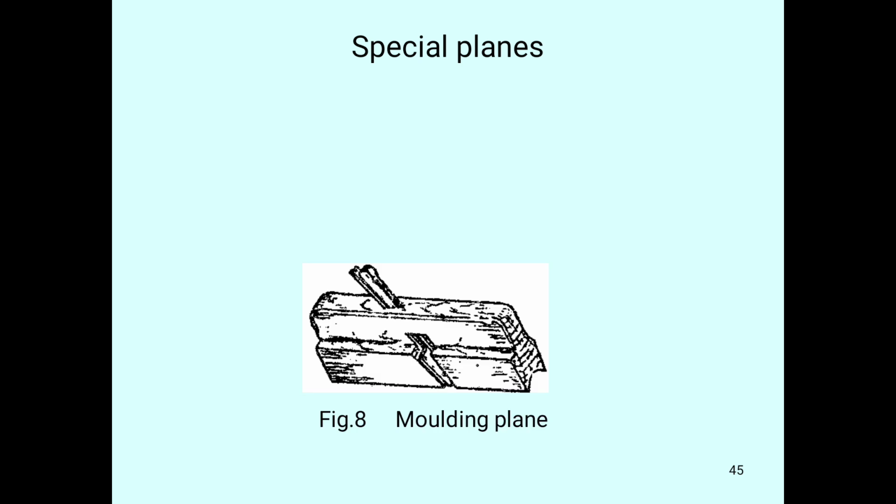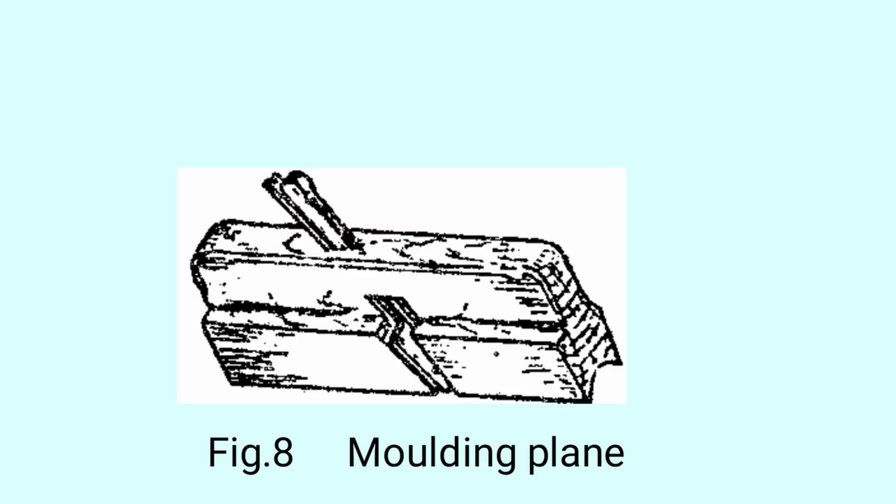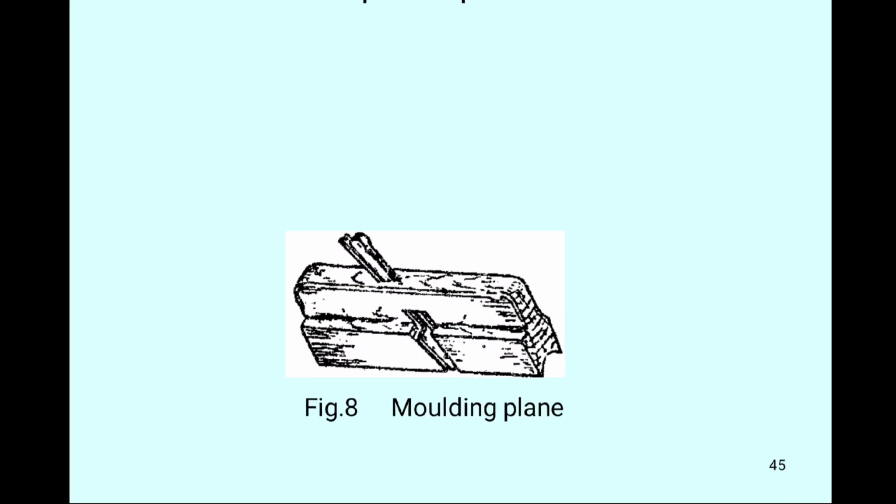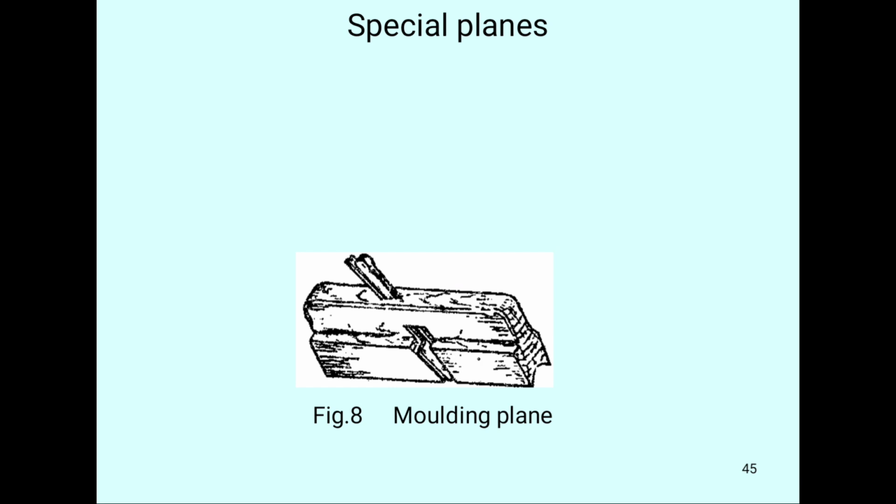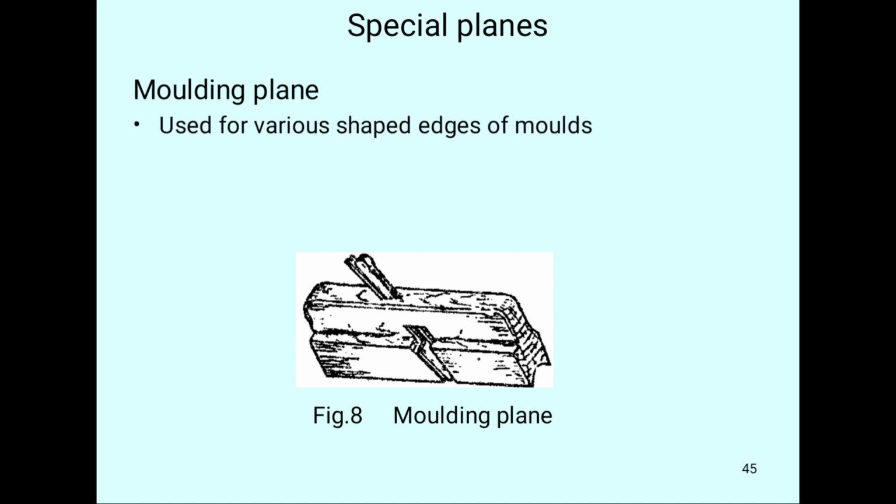Next we have one more, that is the molding plane. Here we can see a diagram of a molding plane. This is another type of special purpose plane. This special molding plane is used for shaping the edges of molds.